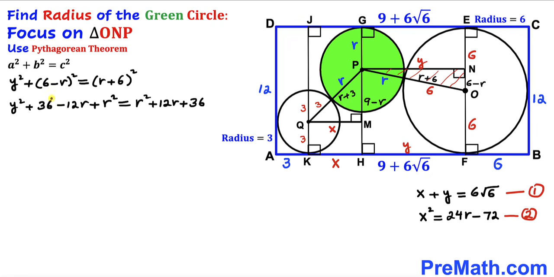And now we can see 36 is gone with this 36, r square cancels out with this r square. And now we are going to move this 12r to the other side. So therefore y square is going to be equal to 24 times r. I'm going to label this one as our equation number 3.